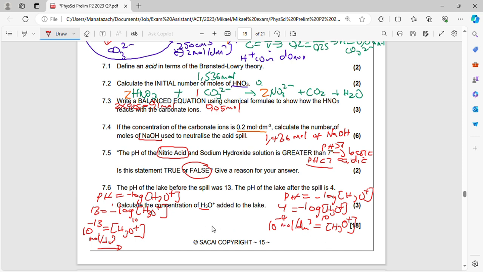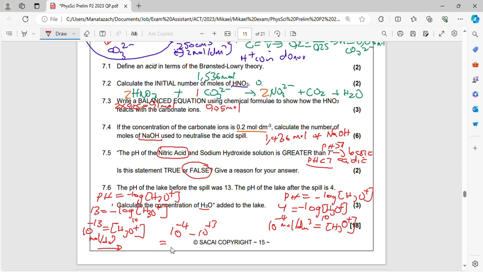So that means the H3O+ added would have been 10^-4 minus 10^-13. The difference between the two will be the answer.